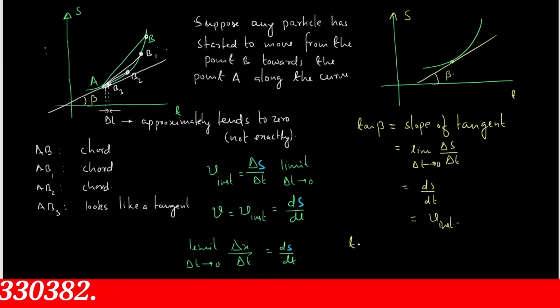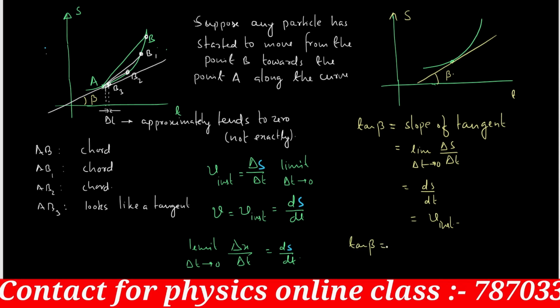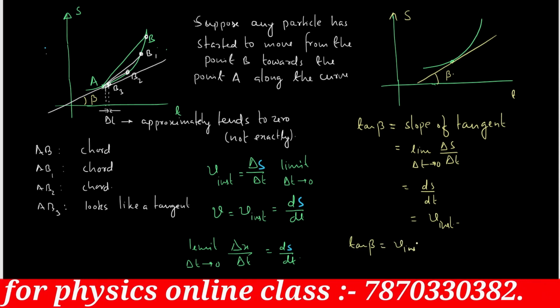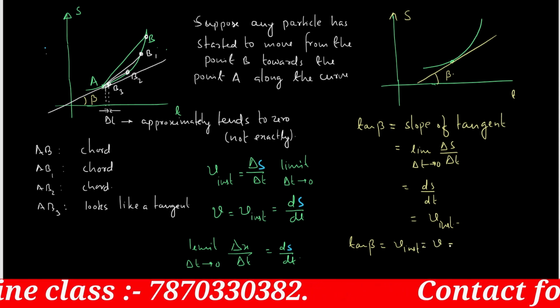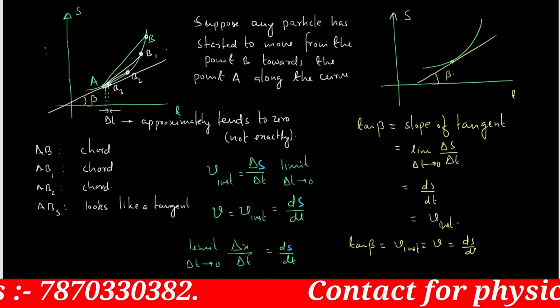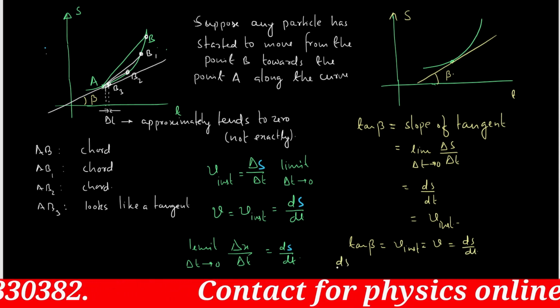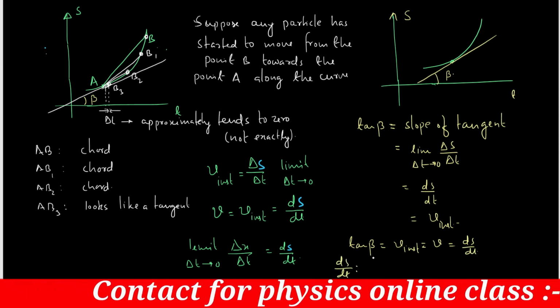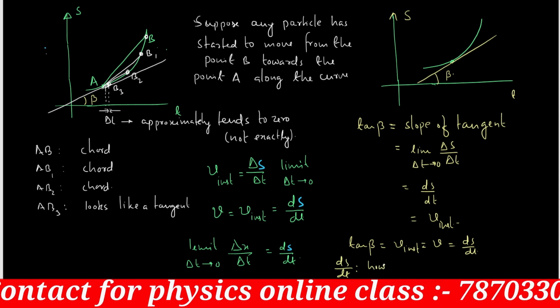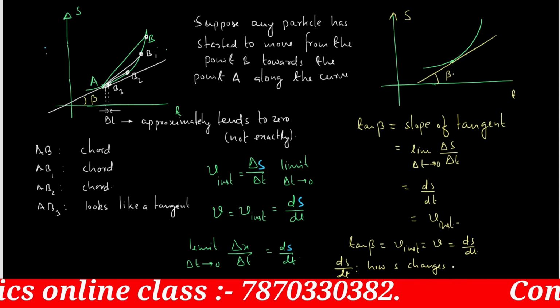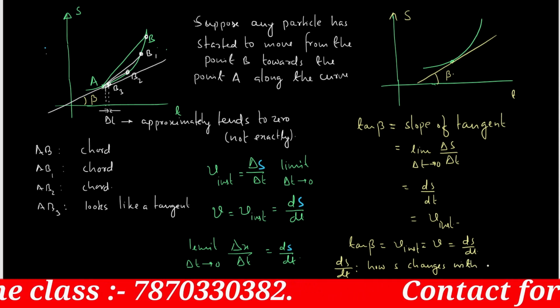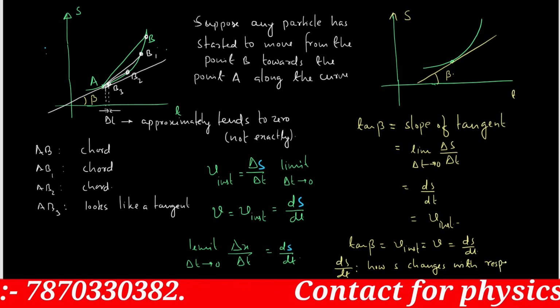So overall, tan beta equals V instantaneous, the general speed, which equals ds by dt. The geometrical meaning of ds by dt is how s changes with respect to time.